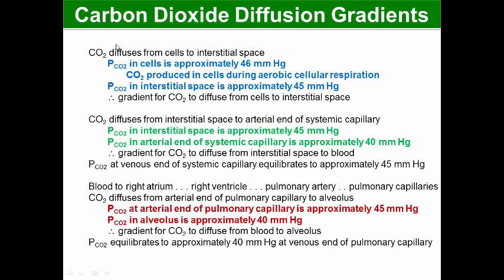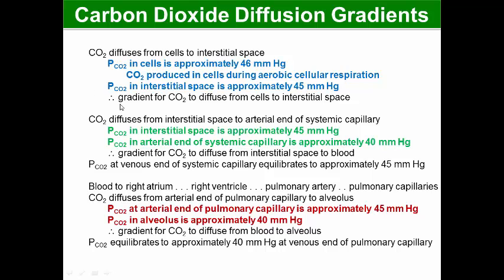So the partial pressure of carbon dioxide in the cells is approximately 46 millimeters of mercury, because carbon dioxide is produced in the cells during aerobic cellular respiration when adenosine triphosphate is being formed. The partial pressure of carbon dioxide in the interstitial space is approximately 45 millimeters of mercury. So still, there is a pressure gradient for carbon dioxide. And it is because of this pressure gradient that carbon dioxide now diffuses from the cells to the interstitial space.